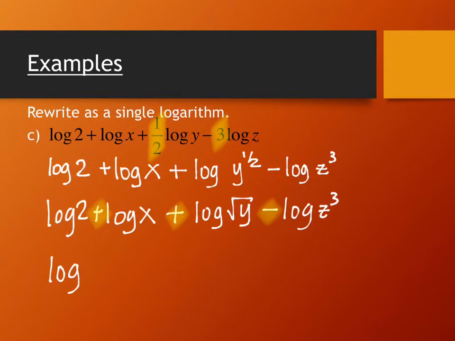Okay, so this is not log divided by log. It's just log. The 2 will go on top. The x will go on top. And the square root of y will go on top while the z cubed goes on bottom. All the pieces that are added go on top. All the pieces that are subtracted go on bottom. All in one step.